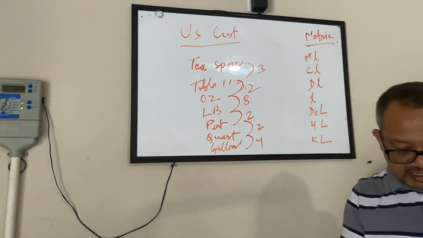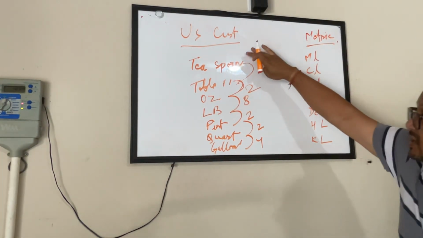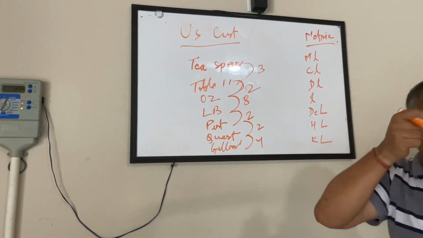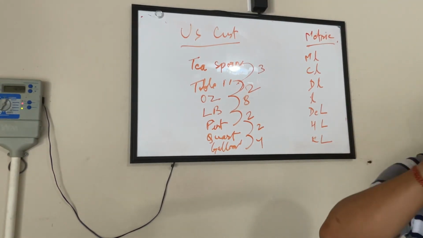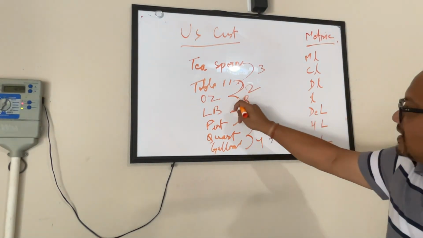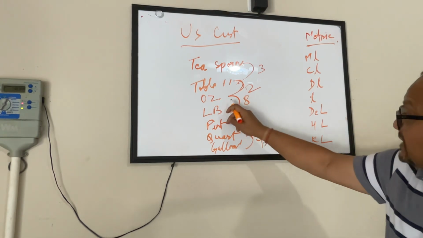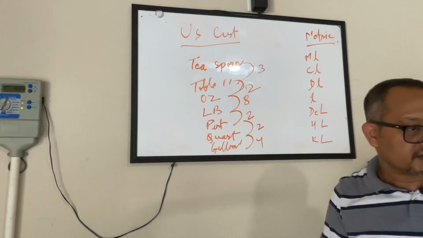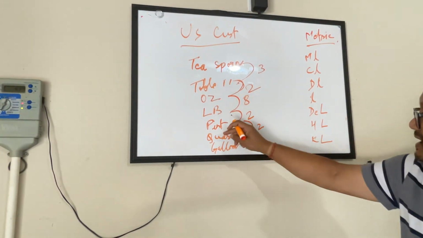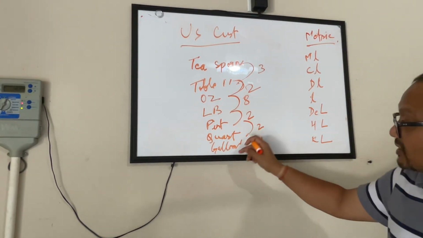So this is how you have to look at it. 3 teaspoons make 1 tablespoon. 3 spoons of sugar make 1 tablespoon of sugar. Then 2 tablespoons make 1 ounce. 8 ounces make 1 pound. And then 2 pounds make 1 pint. Again 2 pints make 1 quart.